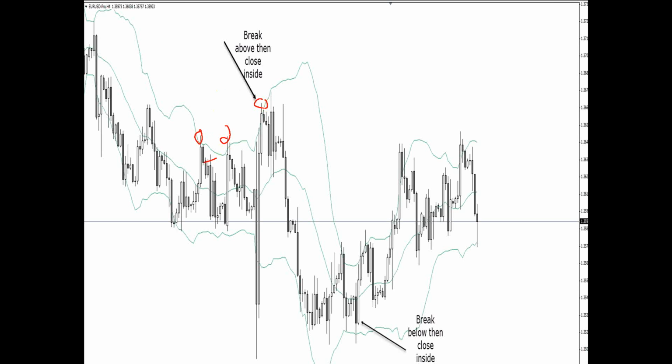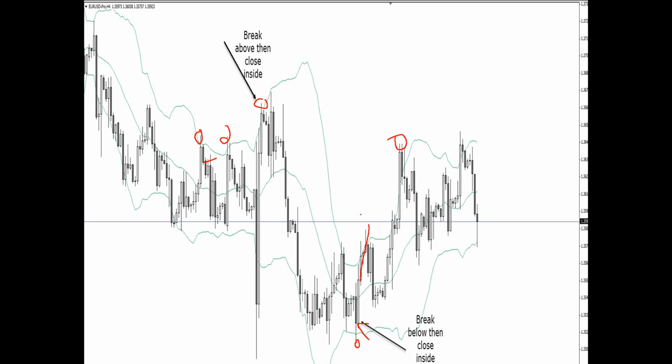These three examples are showing you that. The next example is the opposite. Break below, then close inside. This was a break below the Bollinger Bands and close inside the band, which was a signal for a long trade.